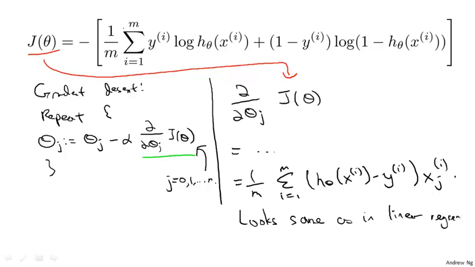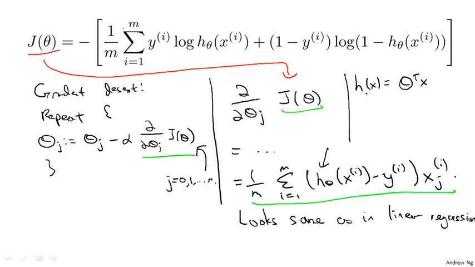In fact, for linear regression, we had defined a different cost function J of theta using the squared cost function, and then after taking derivatives, we wound up with exactly the same function. But of course, it doesn't mean the two algorithms are the same. In linear regression, we had h of x equals theta transpose x, whereas for logistic regression, h of x is 1 over 1 plus e to the minus theta transpose x.